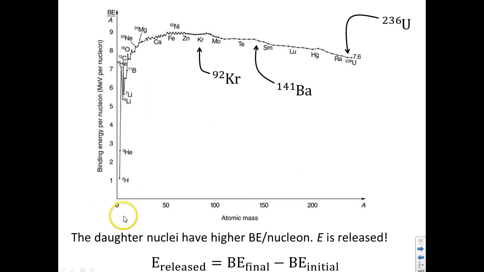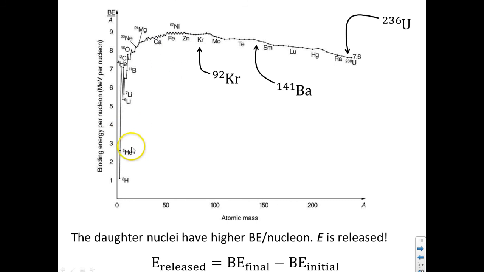Whereas if we start over here, in order to increase the binding energy per nucleon, we have to move to the right, we have to increase the mass and fuse together two different nucleons. So the way we release energy in a reaction is by moving toward the highest binding energy per nucleon point, which is iron right here.